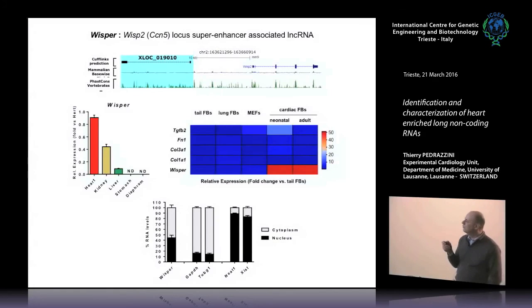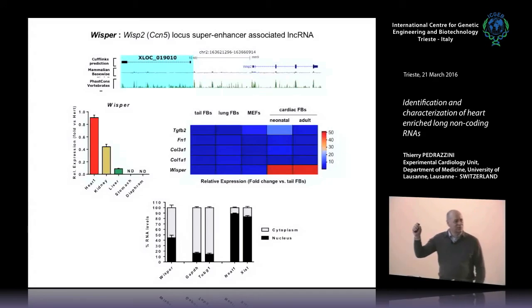But what is more important, if you consider different sources of fibroblasts, we have here the cardiac fibroblast obtained from neonatal mice or from adult mice, and tail fibroblast, lung fibroblast, or embryonic fibroblast. You see that the transcript is highly enriched only in cardiac fibroblast.